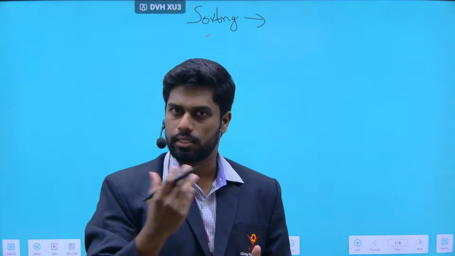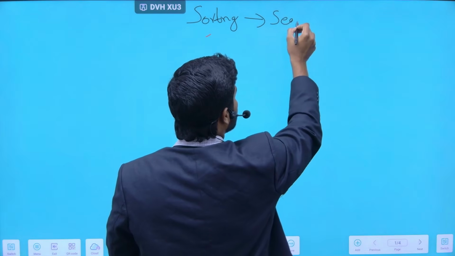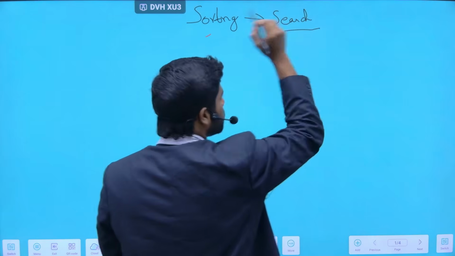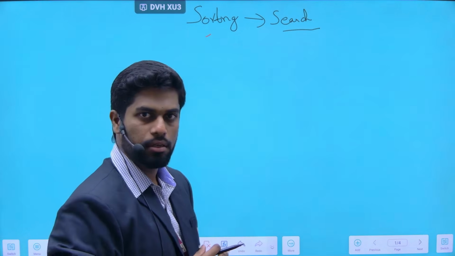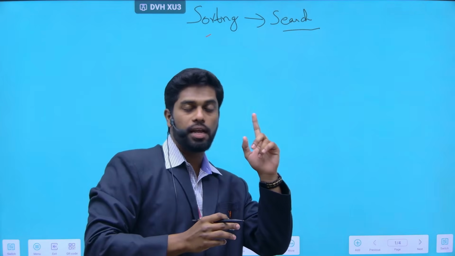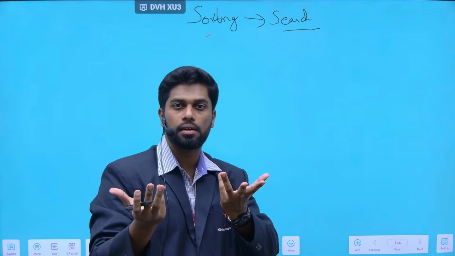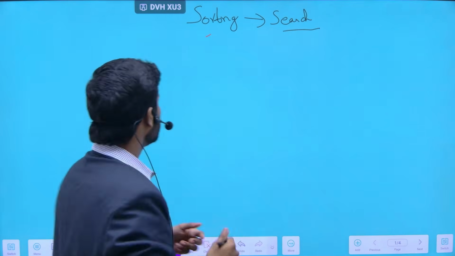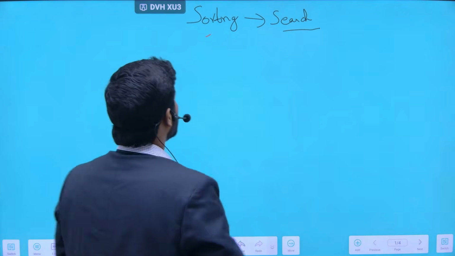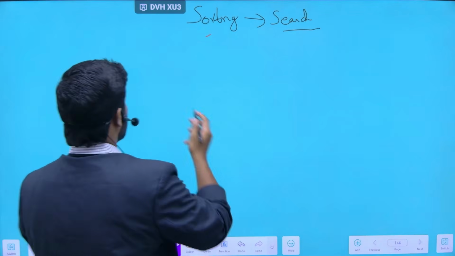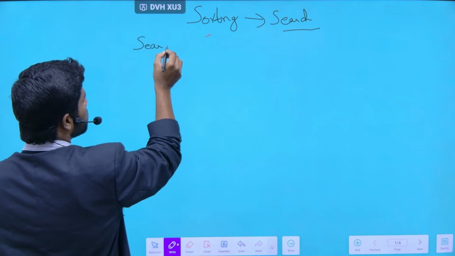Now after sorting, the next concept will be searching. Where is the position, where is the element, in the array. So we are going to find an element, search an element. So searching process.